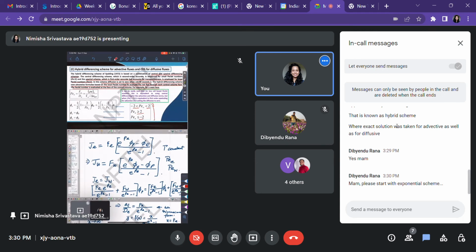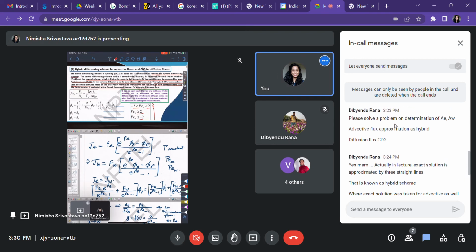So then you want me to determine AE and AW. That is, various fluxes based on what I have over here. This is the west cell.